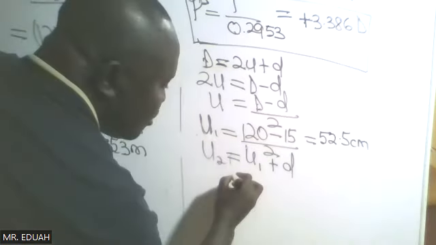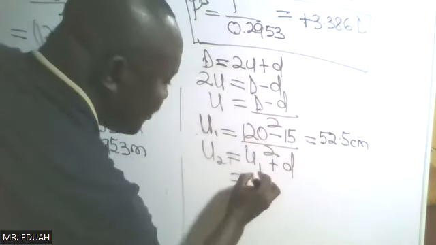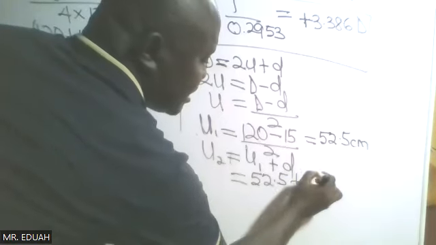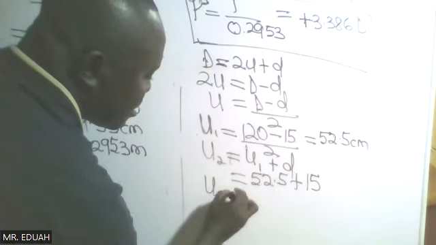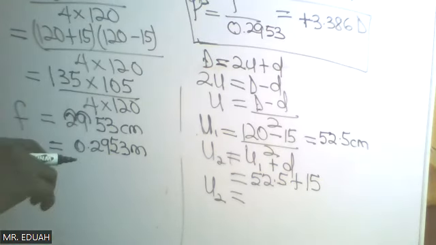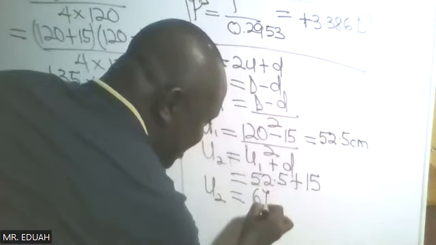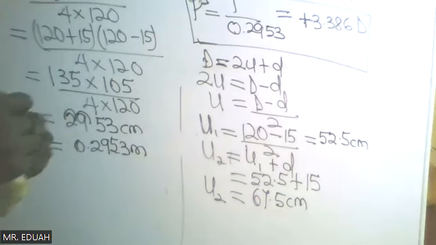Okay, so once I know U1, 52.5 plus D, which is 15, would give me the second position of the lens where a clear image will be formed. Hilda, tell it for me. 67.5. Yes, 67.5.